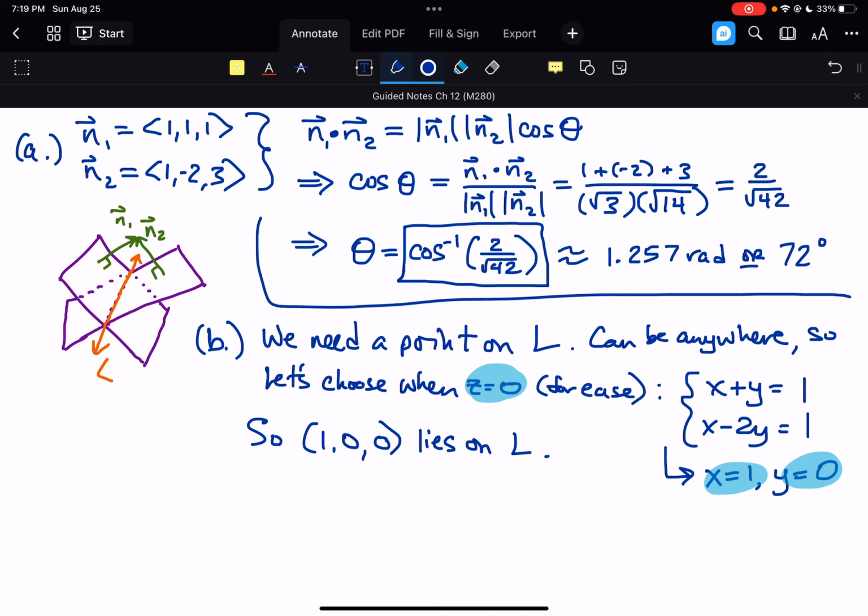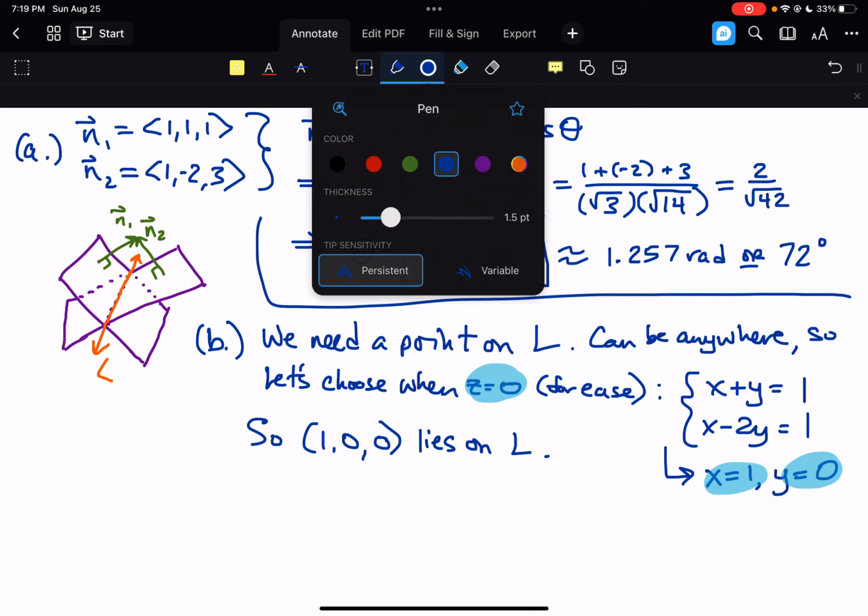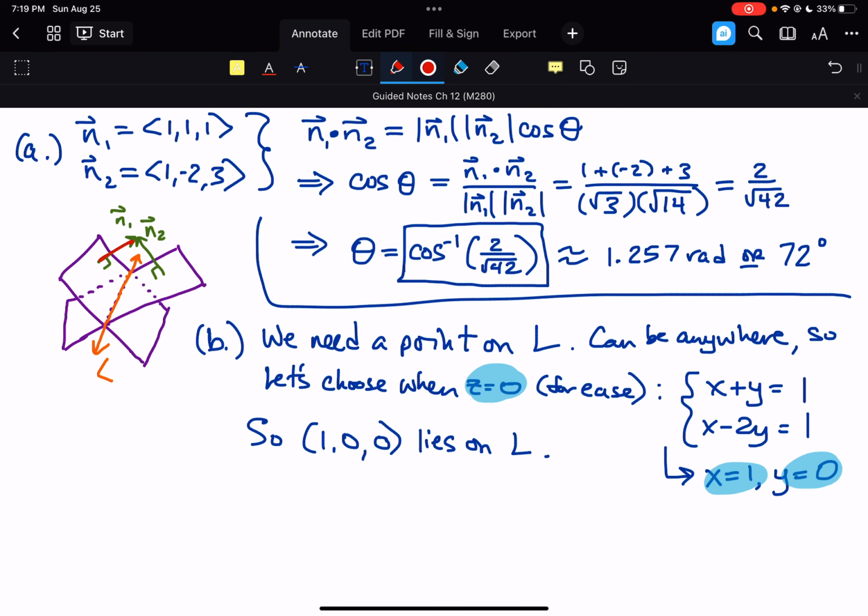So because of that, we need a vector that is orthogonal to both N1 and N2, and we can create a vector that's orthogonal to them by crossing them together. So we can cross N1 with N2. The result is orthogonal to both of them, just like L is.